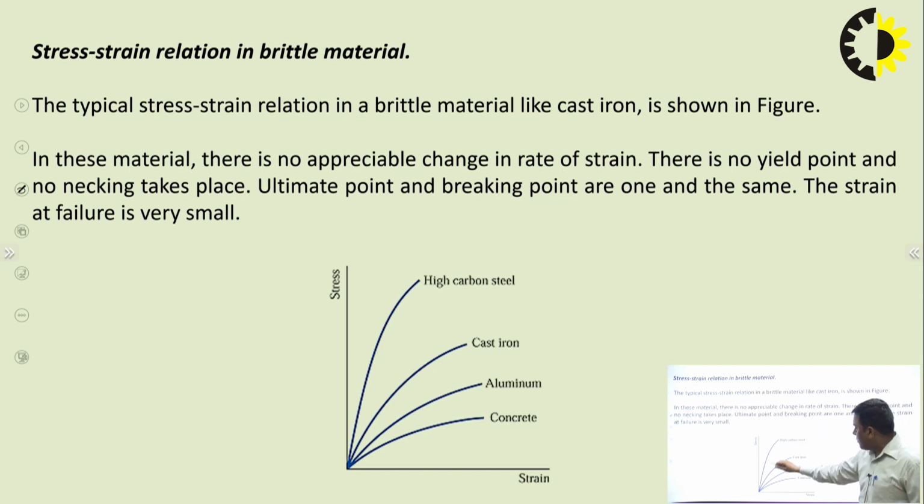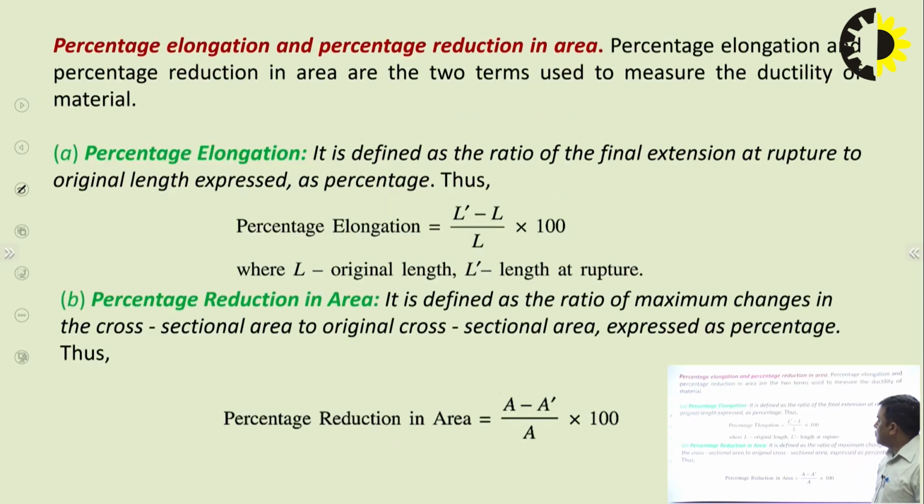So you can see there is no necking and no yield point, so yield point and ultimate point are coinciding. Sometimes they ask for the stress strain curve of brittle material along with ductile material, so we must be able to differentiate between these two.